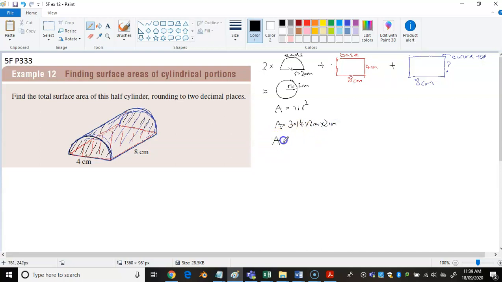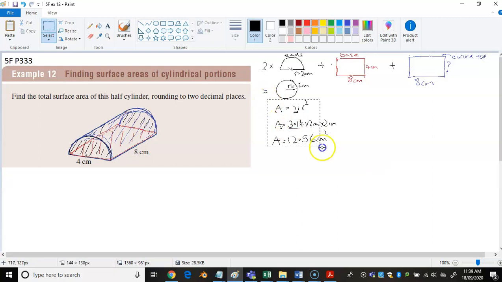And so area is going to be equal to 12.56 centimeters squared. Now, as I said before, I'm using 3.14 for pi so that you can see that I'm swapping that for a number value. You can use the calculator value, and if you do, you'll get exactly the answer that is in the textbook. Mine's going to be a little bit off because I'm using an approximation of the number.